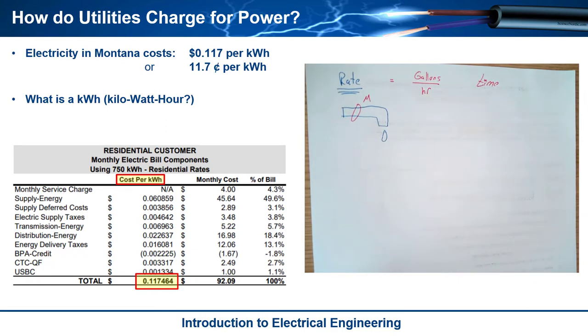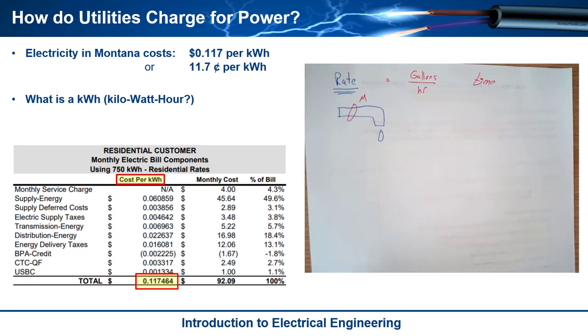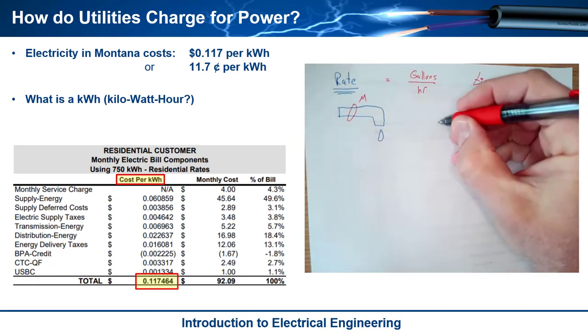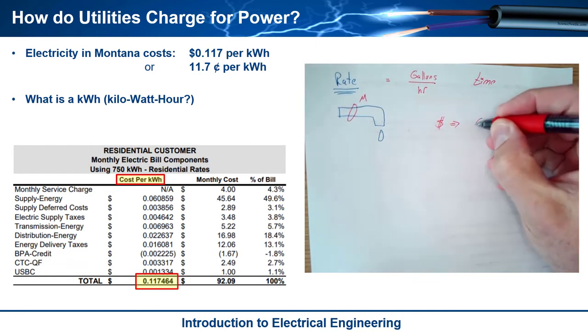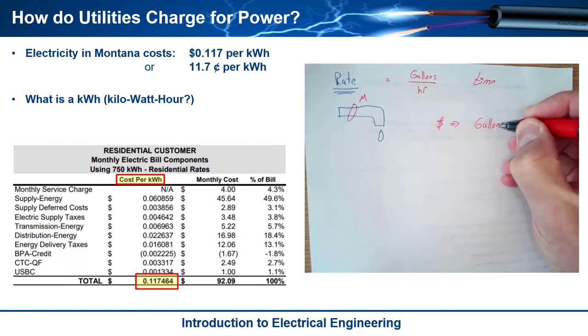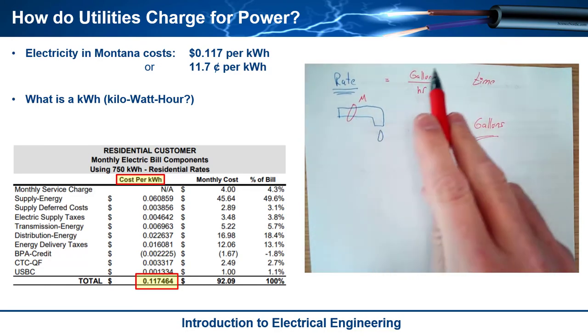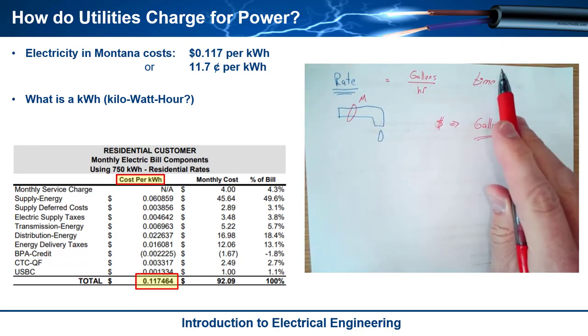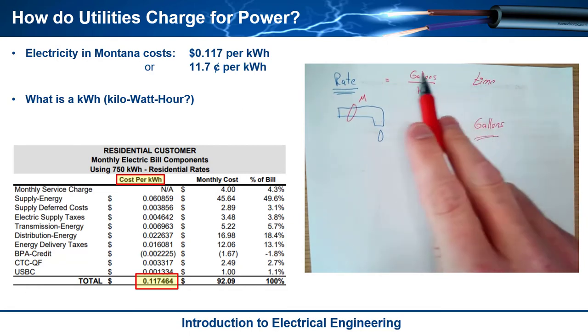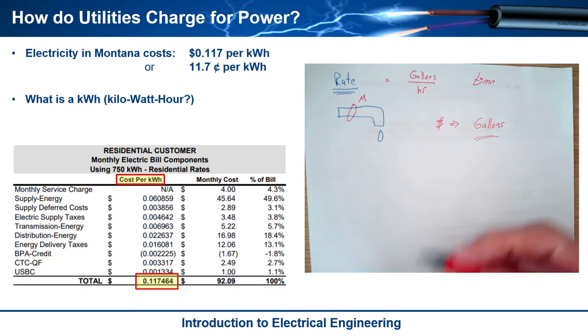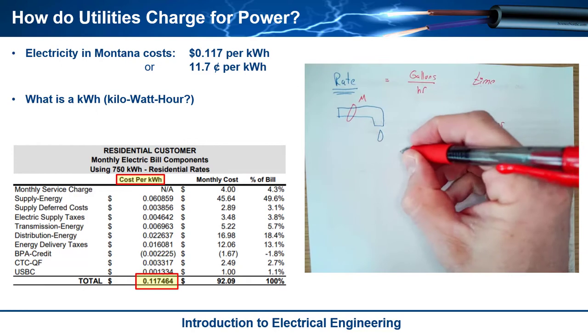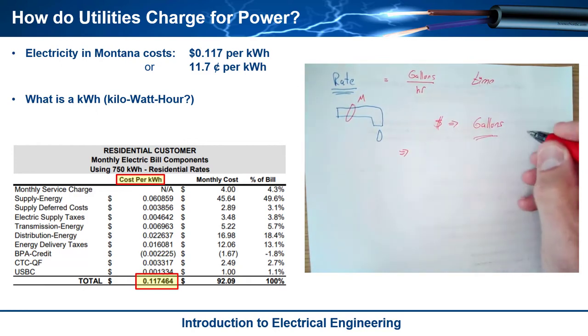But what do you pay for? Well, ultimately, if somebody's selling you water, you're going to pay for gallons of water, so the amount of water that you use. But just due to the way that the meters work, they give you gallons per time, and then you have to multiply it by the time that you pulled water at that rate. So for example, let's do an example of water where I'm going to pay something like $1 per gallon, which is quite a bit of money for water.